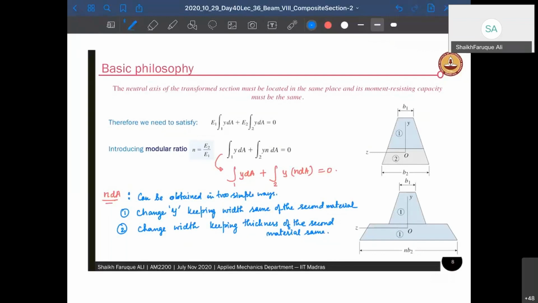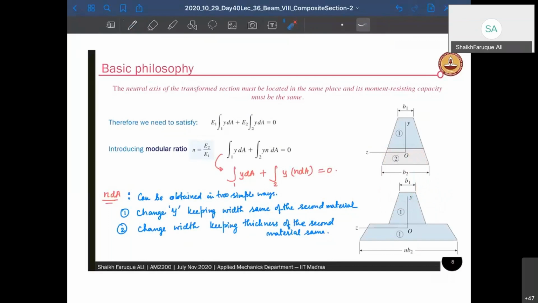This is the area that I need to transform. Second area I'm transforming because it is multiplied with the second material's modulus. So this material I'm going to change, and I can change it in two ways. First, I can keep this B same and increase the width so that the area becomes N into dA.